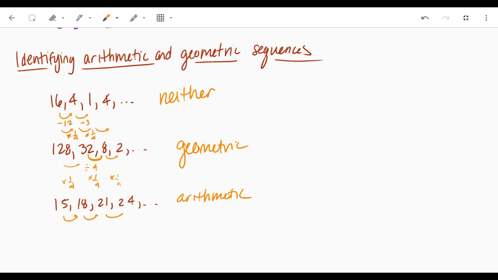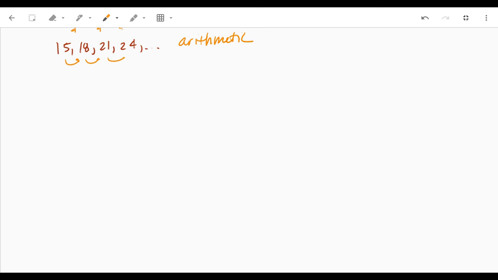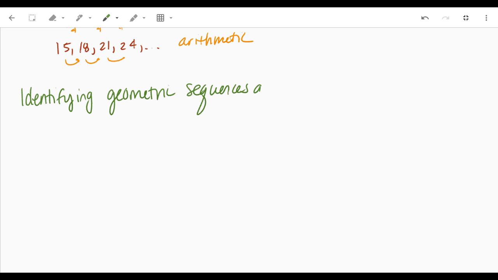Next one is very similar. You're identifying geometric sequences, and if it is geometric, you're giving the multiplier. So, identify geometric sequences and finding the common ratio.